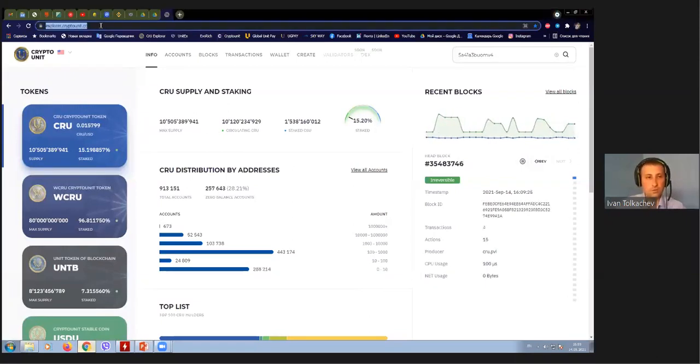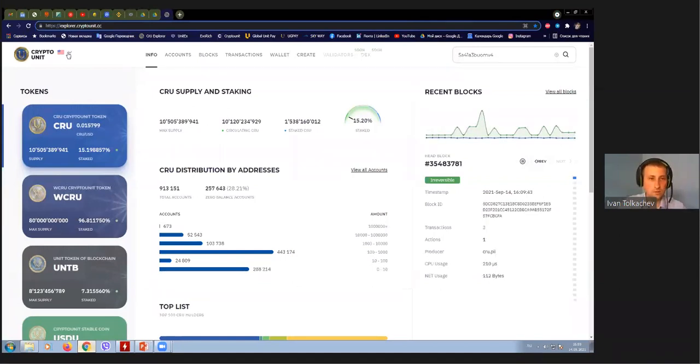We go to the Cryptounit blockchain by using the address explorer.cryptounit.cc. So in the browser field, you type it in, and you go here.